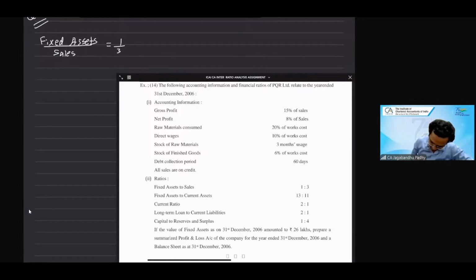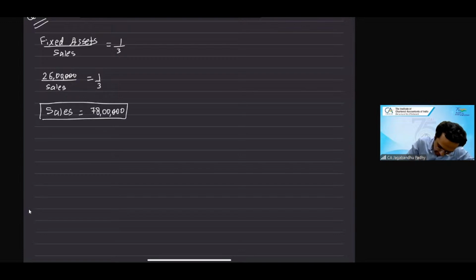So fixed asset is 26 lakhs upon sales, that is 1/3. So we can get the sales value over here as 26 lakh into 3. So how much is that? 78 lakh. 78 lakhs, yes. So we got the value of sales as 78 lakh.